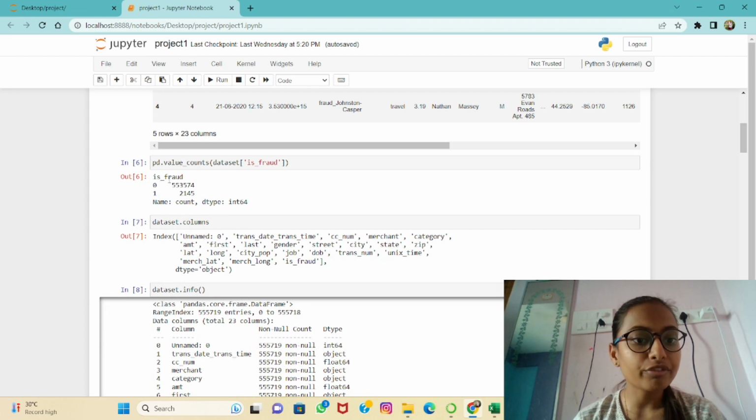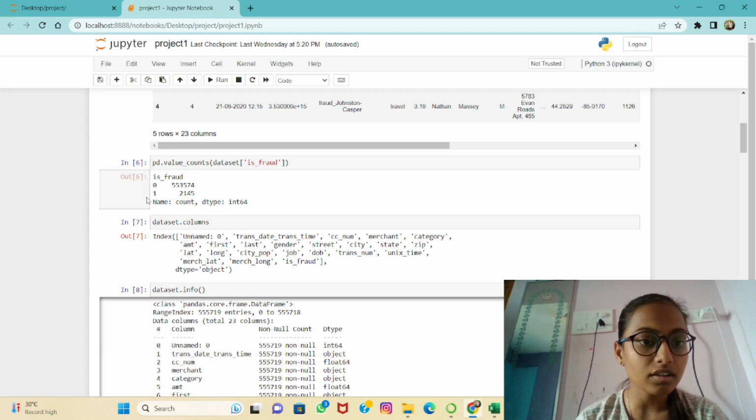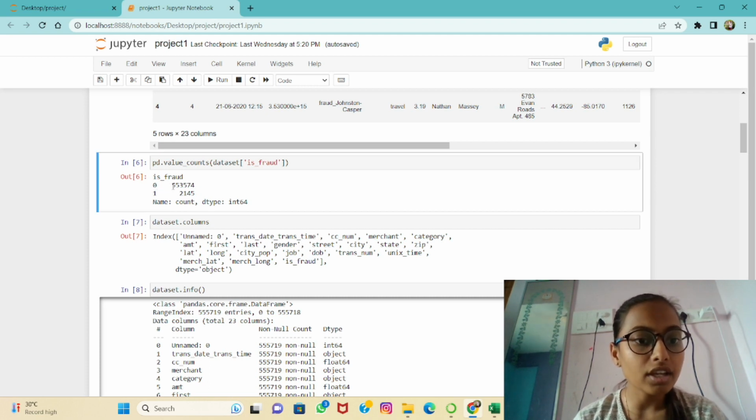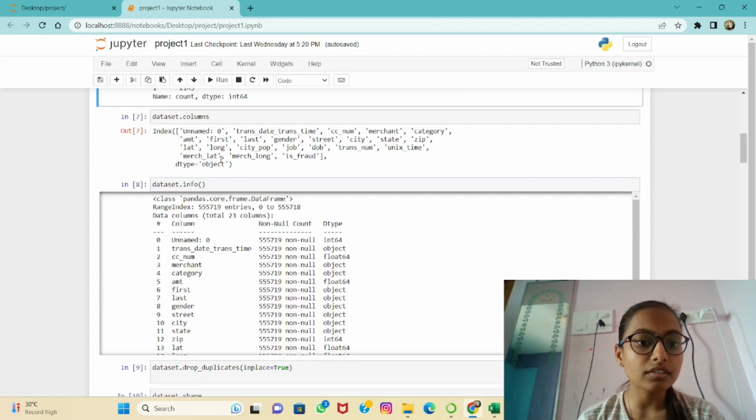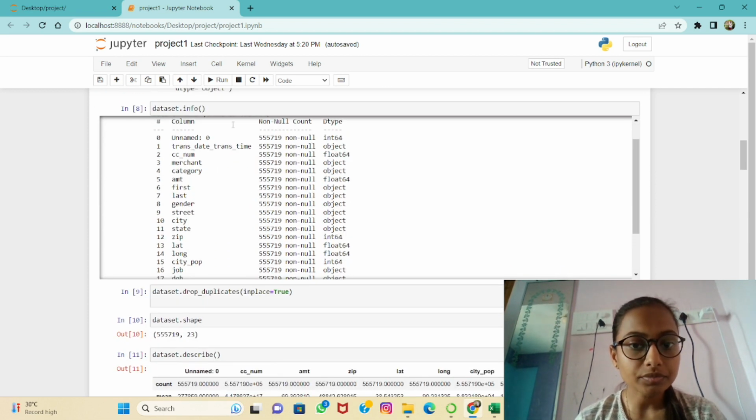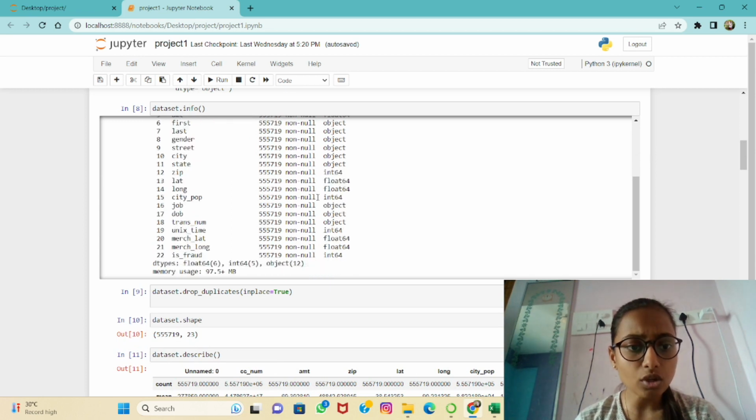Let me see how many fraud and not fraud values there are. 0 is considered as not fraud, so we have 5,53,574 valid transactions, and 1 says it is not valid, so we have 2,145 fraudulent transactions in our dataset.